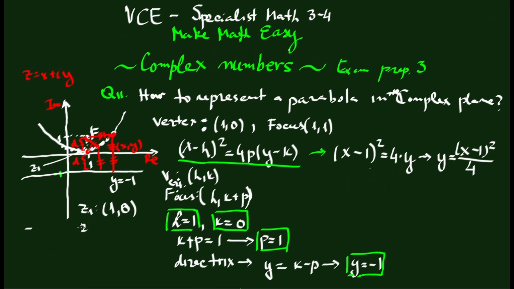That would be 1 plus 0i, so it's 0, 1 plus 0i.